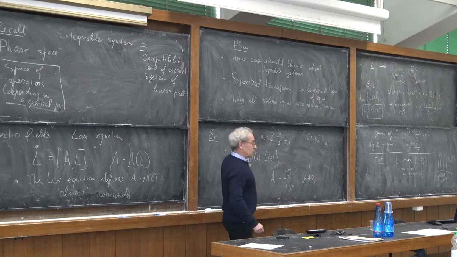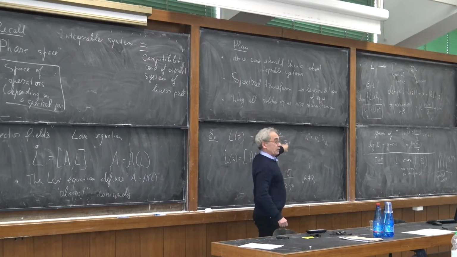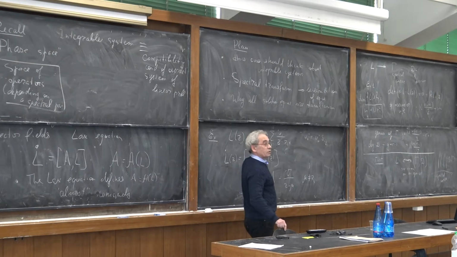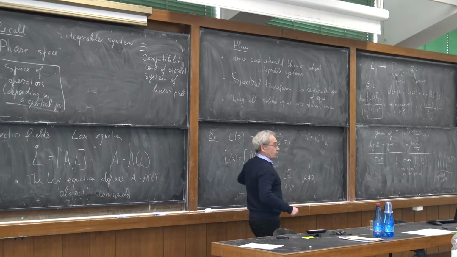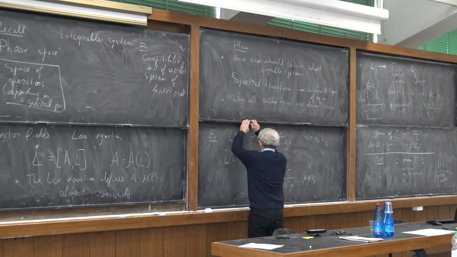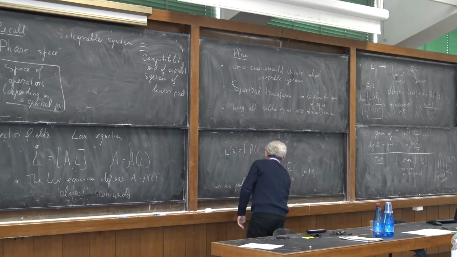When this equation is well defined, the left-hand side is a function with poles at points z_i, right? The right-hand side is a rational function with poles at the z_i's, where L has poles, and at mu also. So in order for this equation to be satisfied, it requires that there is no pole, at least no pole at z equals mu.